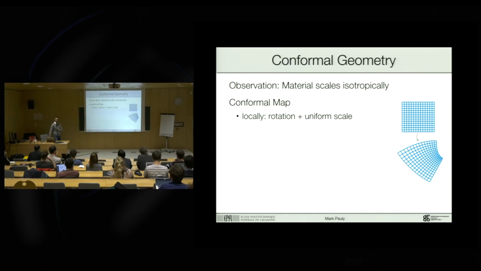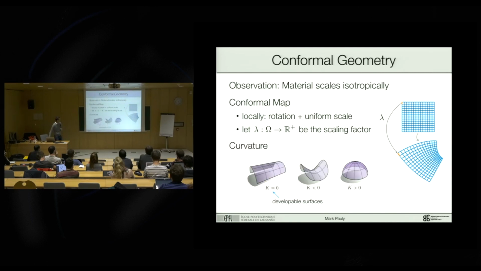So there's no shearing going on, and this is a particular class of deformations. The important point here is that with this observation of linking this material to that mathematical theory, we can actually analyze the type of geometries that become feasible. So in particular, if you take a sheet of metal or a sheet of plastic, you can typically only realize these developable surfaces.